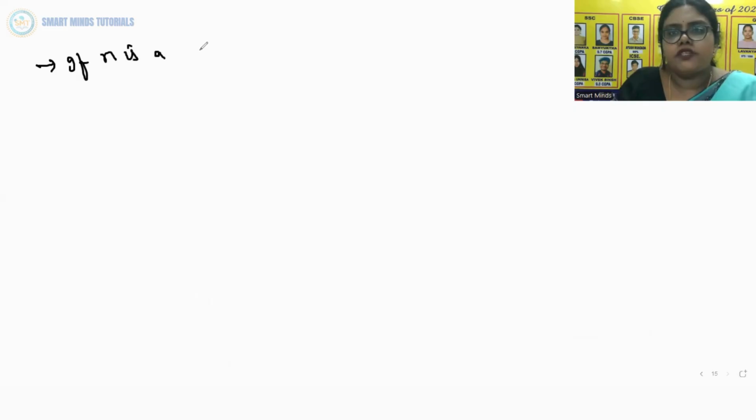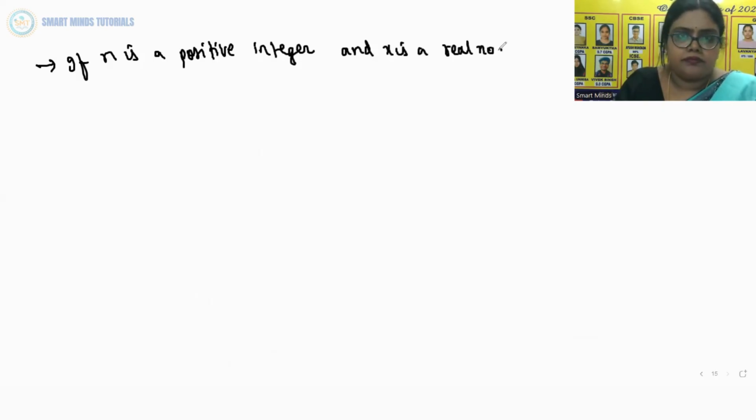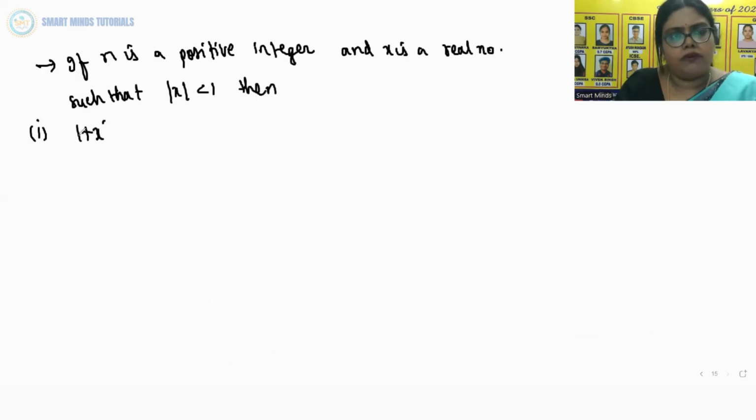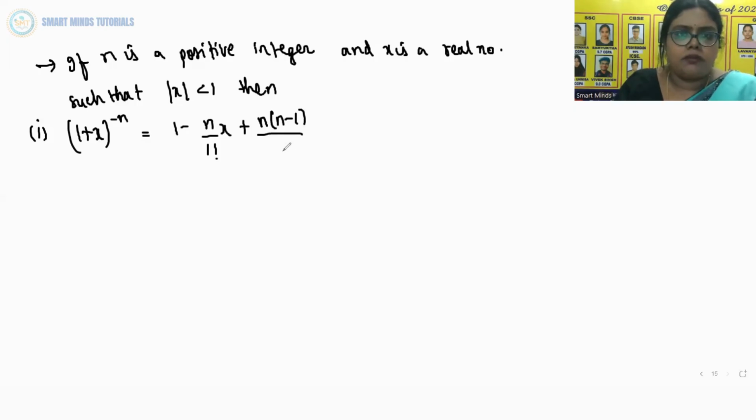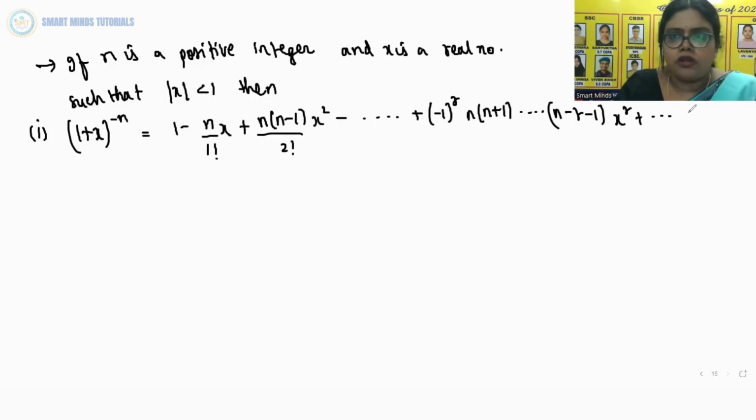If n is a positive integer, and x is a real number such that mod x is less than 1, then number 1, (1 + x)^(-n) equals 1 minus n by 1 factorial into x plus n into (n plus 1) by 2 factorial into x square minus so on up to (-1)^r into n (n plus 1) so on up to (n plus r minus 1) into x^r by r factorial plus so on up to infinity.